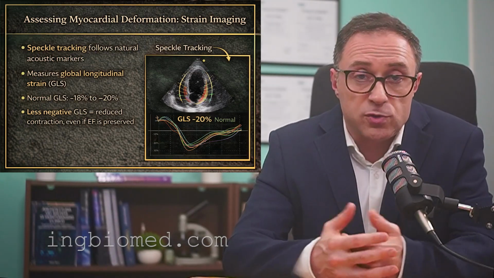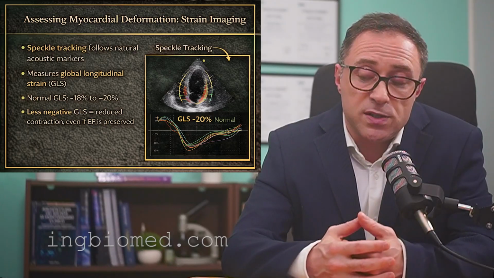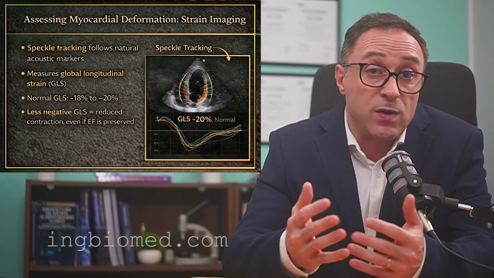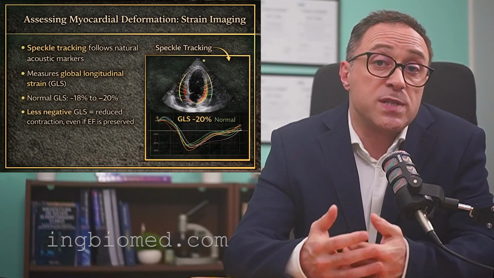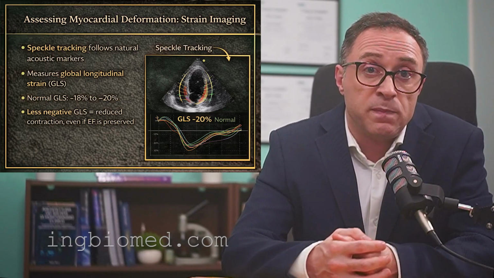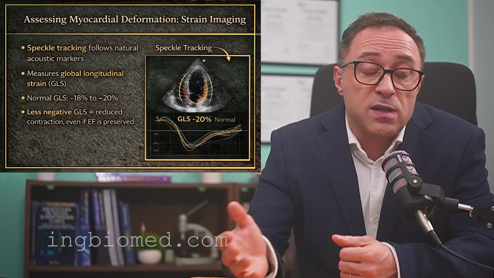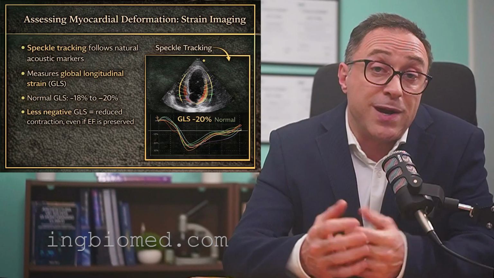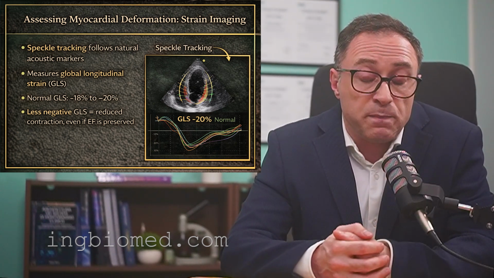With speckle tracking, we follow natural acoustic markers within the myocardium across the cardiac cycle. This allows us to measure myocardial deformation. In particular, global longitudinal strain reflects how much the myocardial fibers shorten during systole.